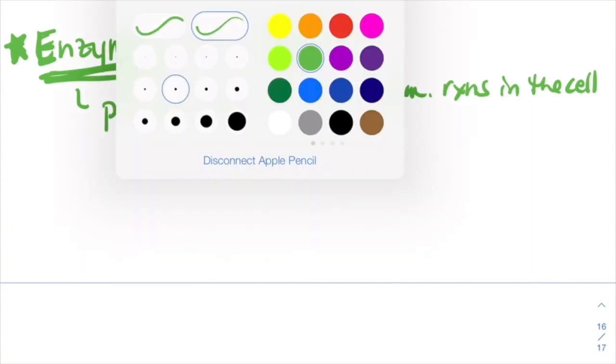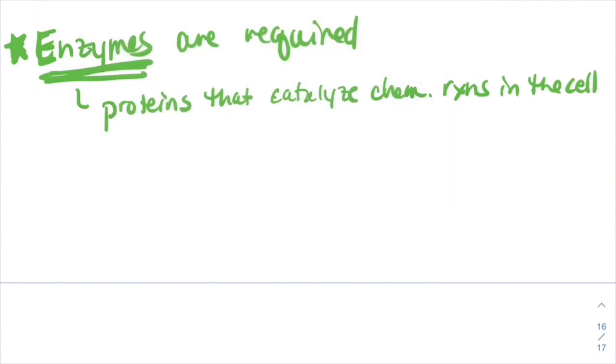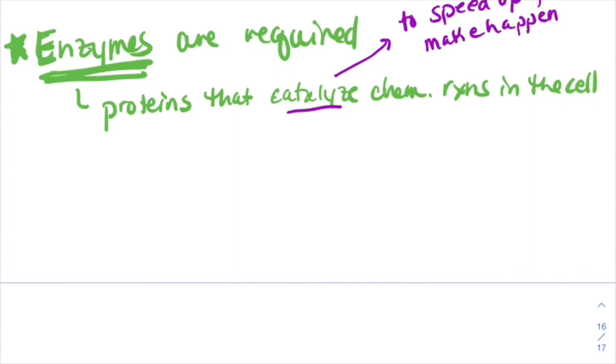And this word catalyze here, we've talked about this a little bit. Catalyze means to speed up. But more than that, it's really to speed up and make happen in the first place. Because the deal with chemical reactions that have an enzyme that works on them, enzymes don't just speed up those chemical reactions, it makes them happen in the first place.